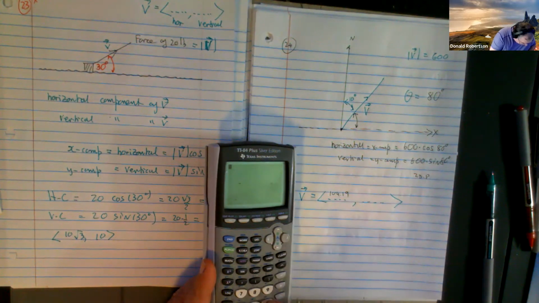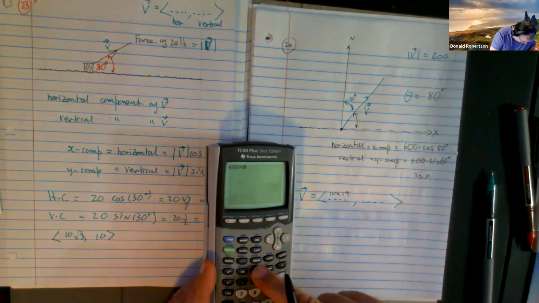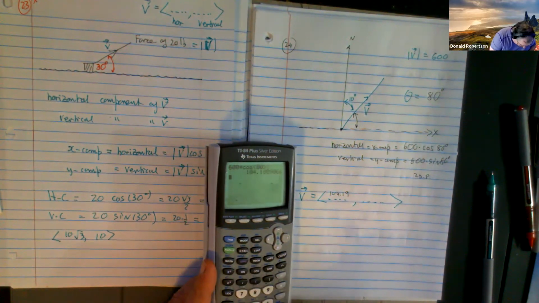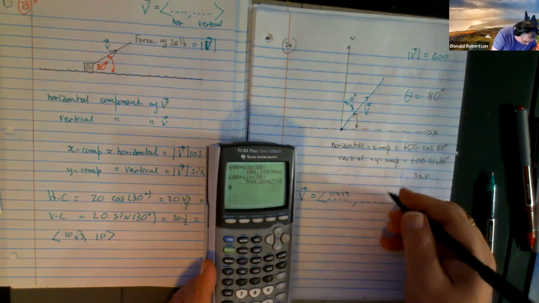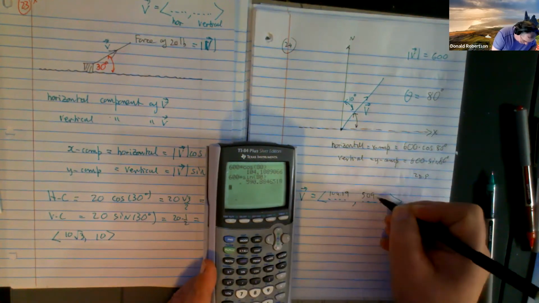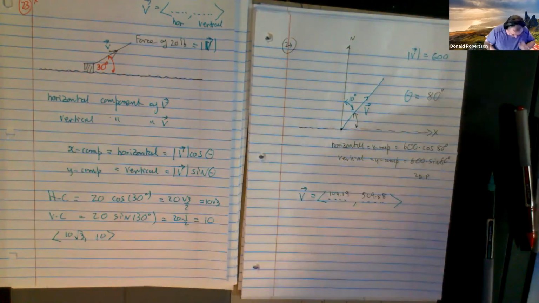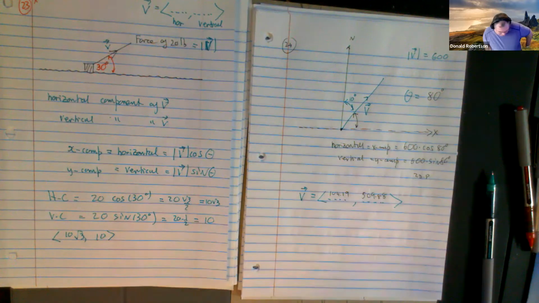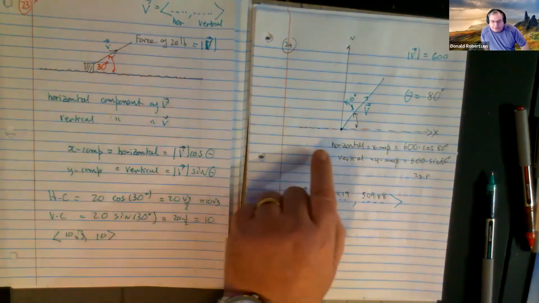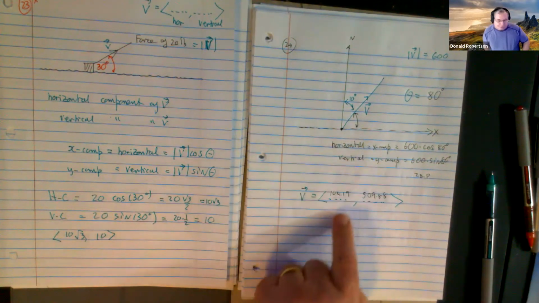Let me try the first one. 600 times the cosine of 80. Okay, that's good. And then 600 times the sine of 80. That's much nicer. So it's 509.88. So if you tell me the angle that it makes, either with the ground or with the vertical, I can tell you what its components are.